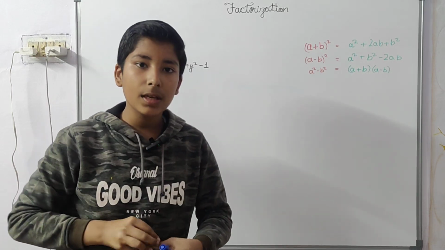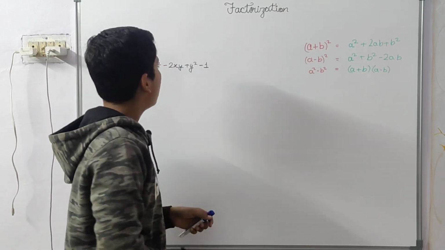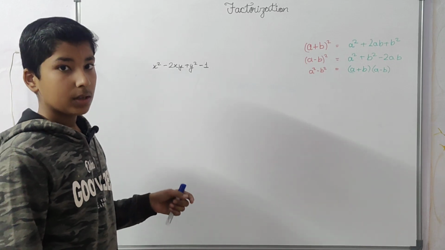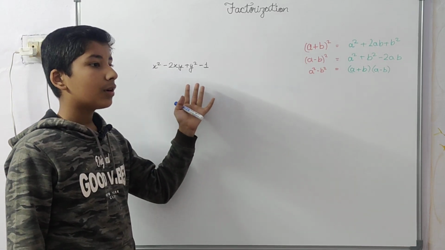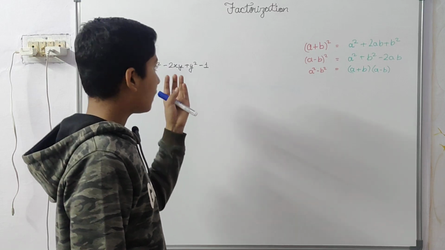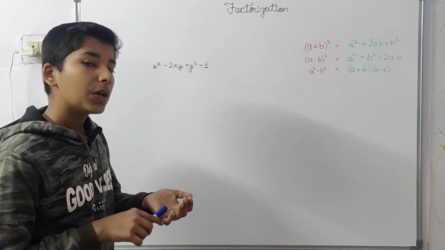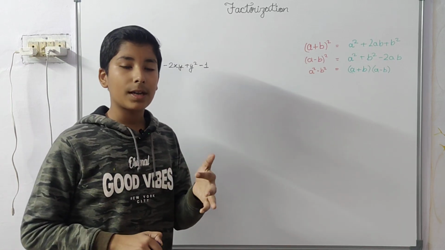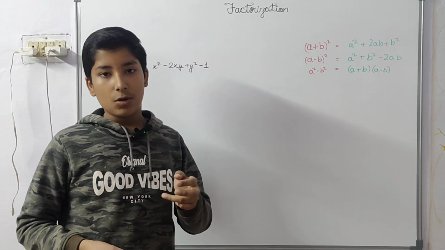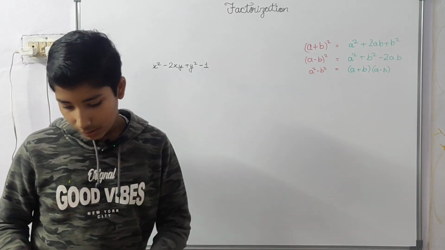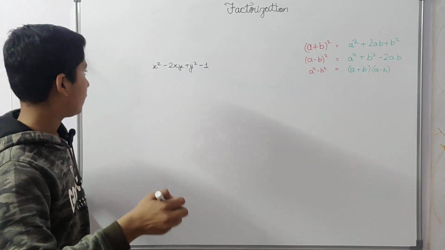See, you might be thinking this is a quadratic equation, but it is actually a multinomial because it has 4 terms. So how will you solve it? Because usually you solve the factorization of trinomials, but this is a multinomial. So I'll tell you how to solve it.